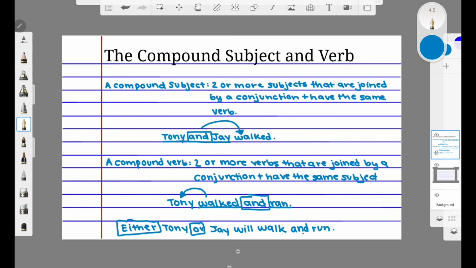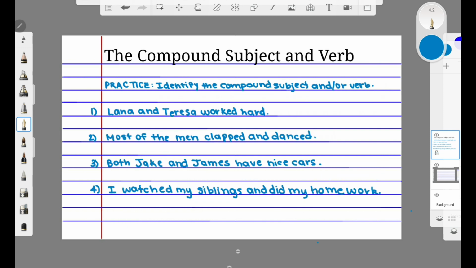And then walk and run is your compound verb because they are also joined by a conjunction and they have the same compound subject. So now for practice, identify the compound subject and/or compound verb in each case.